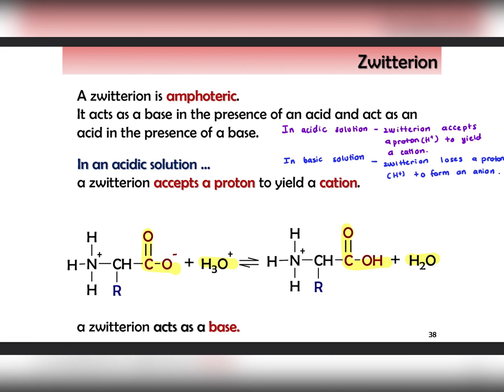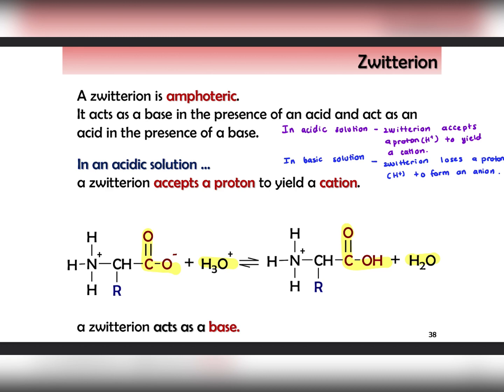Okay, so zwitter ion ni bersifat amphoteric. So it can act as base in the presence of acid, and dia pula boleh bersifat acid bila dalam keadaan solution base.